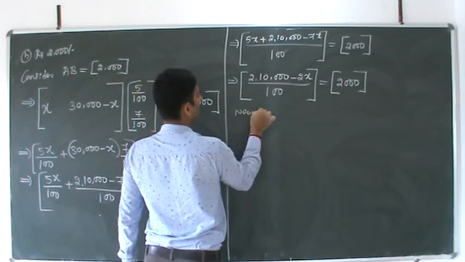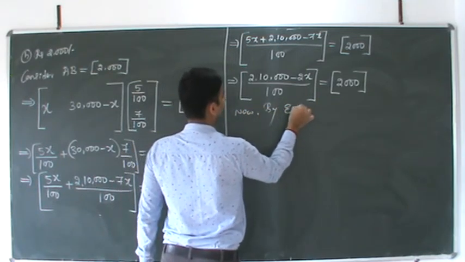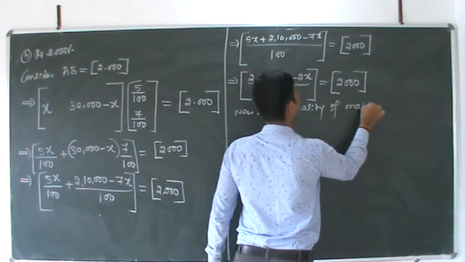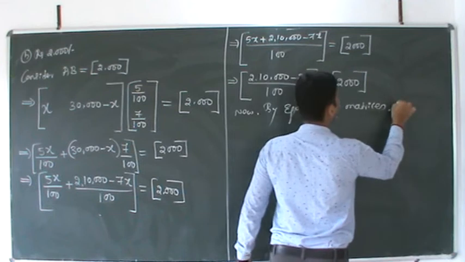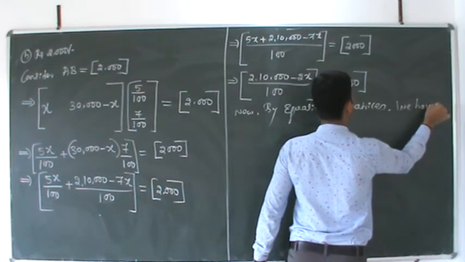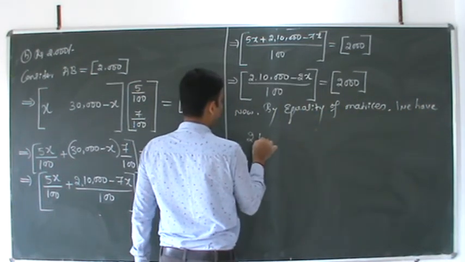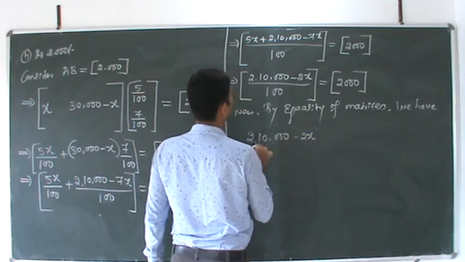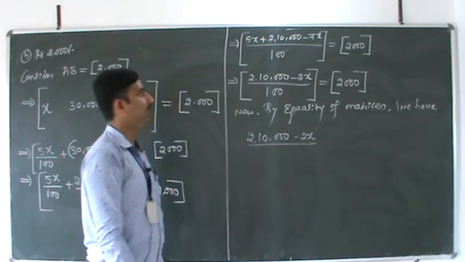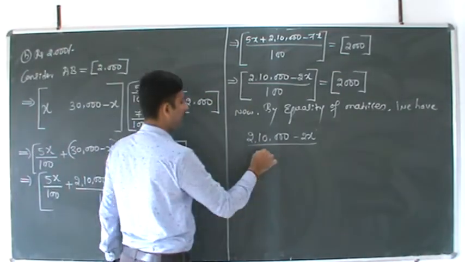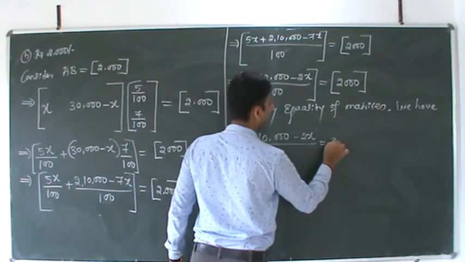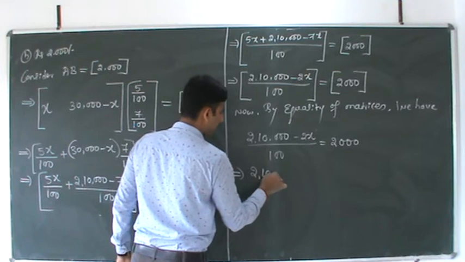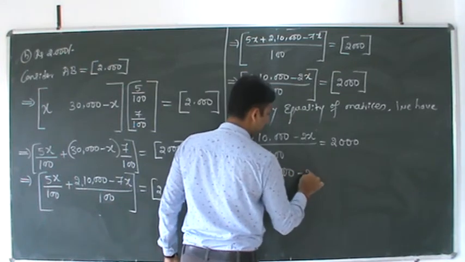Now, by equality of matrices, we have 2,10,000 minus 2x divided by 100, which is equal to 2000, which implies 2,10,000 minus 2x.